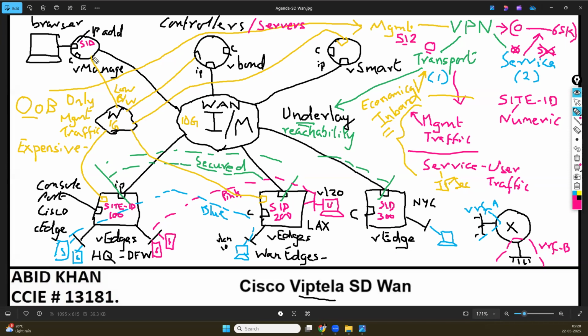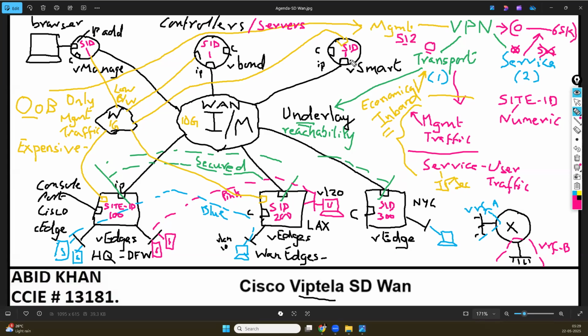I can say they belong to the same site ID 1. Or if I want, I can make them different also. I can say this is 1000, this is 2000, this is 3000, or this is 101, this is 102, this is 103.